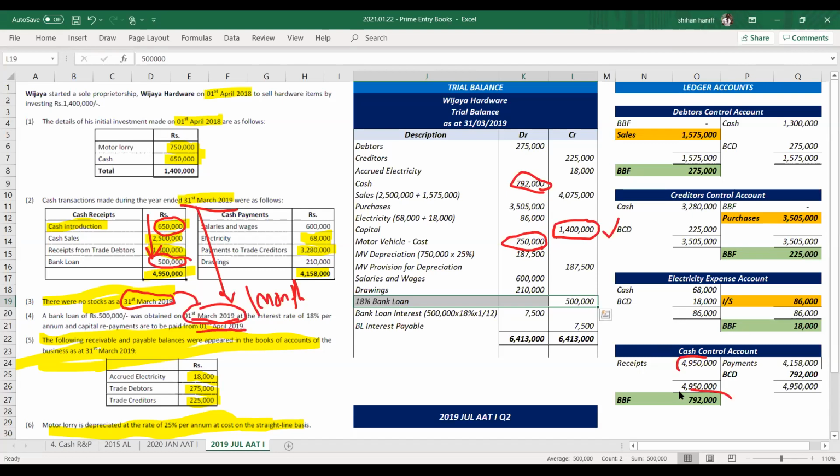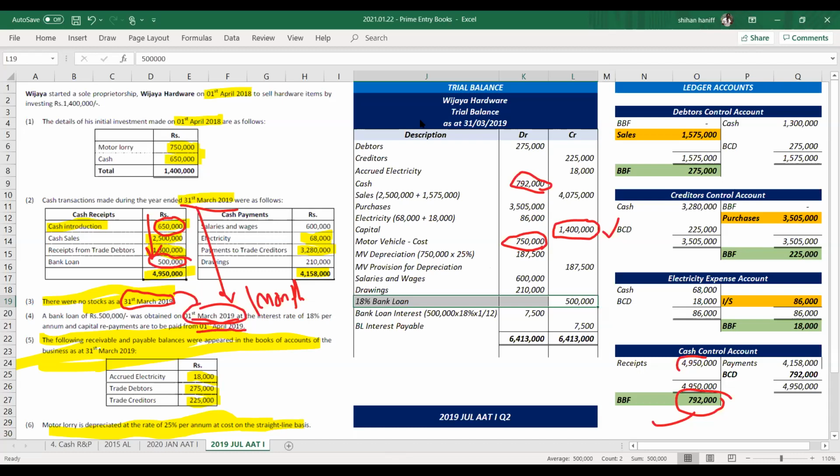That is why we calculated separately the cash control account and took this balance. But for motor vehicle, there was no other transaction, so we directly took the total amount to the trial balance. That's the double entry for motor investment. So due to the double entry system, we record separately the motor vehicle cost.